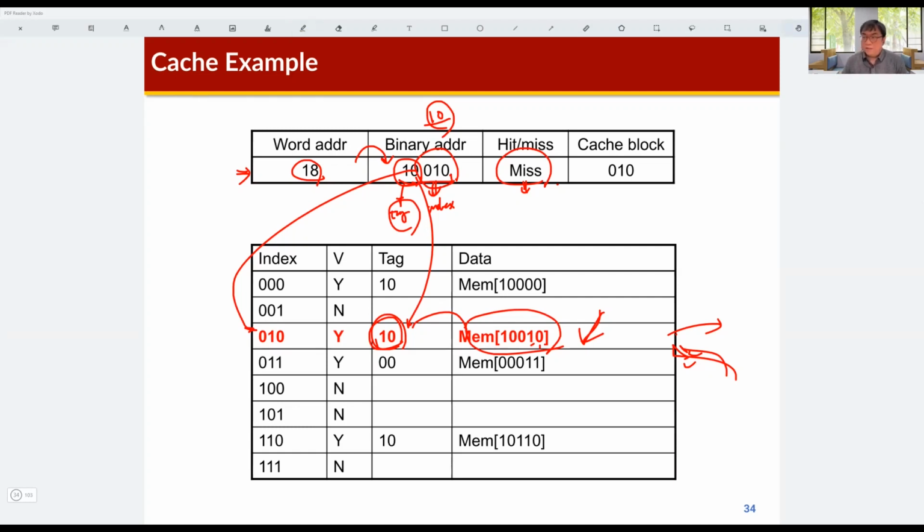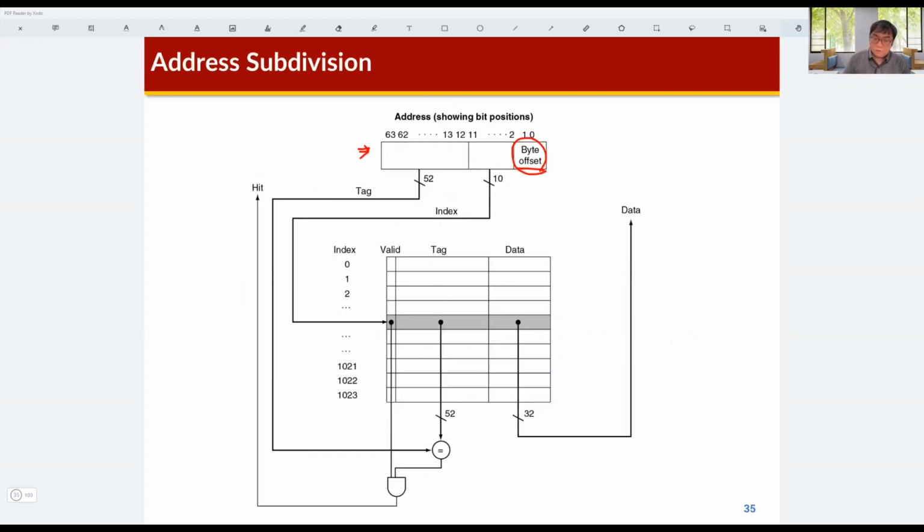But we already know that in the processor, we use the byte address. But this cache has a cache line size of 1 word. So it's 4 bytes. So the size of one cache block is 4 bytes.